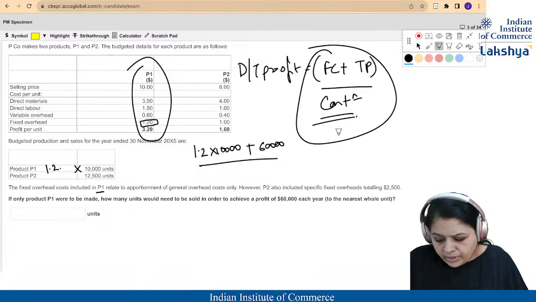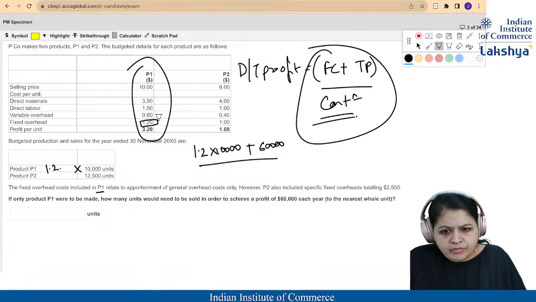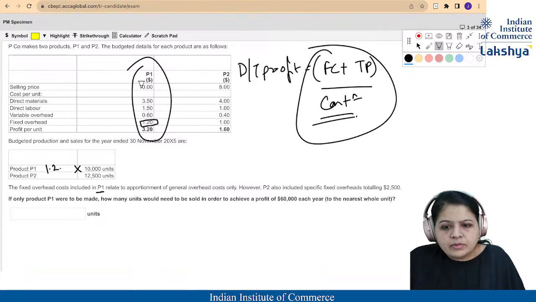But before doing that, we need to find out our total fixed cost, which we don't have right now. So I'm going to find out my total fixed cost first. We still need to focus on P1, but we need to find out our fixed cost.